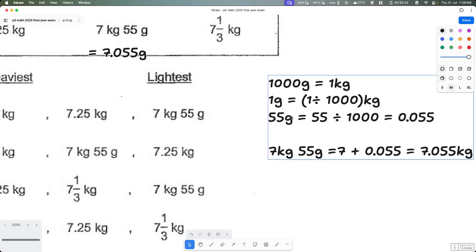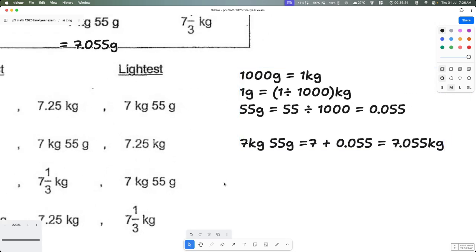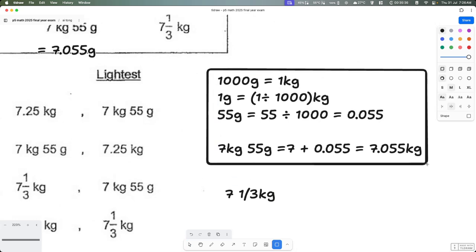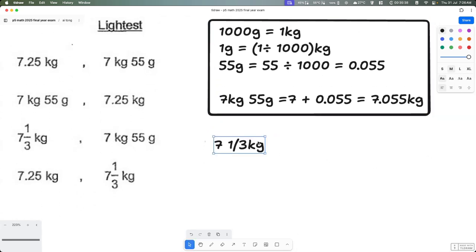So what about 7 1/3? For 7 1/3, we have 7, and then 1 over 3 kilograms. How are we going to convert this? I'm going to put this in one rectangle. How are we going to convert 7 1/3 into kilograms?